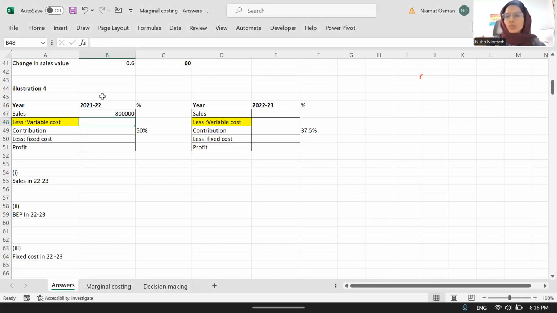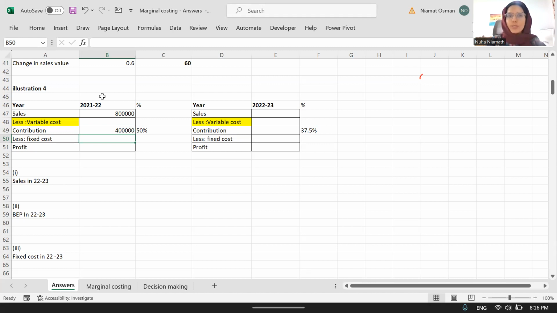Now, variable cost. What is our variable cost? Okay, forget variable cost. Tell me the contribution. 50%. Now, in this case, both are the same only. So 8 lakh into 50% is our contribution. 4 lakhs will give me my contribution.